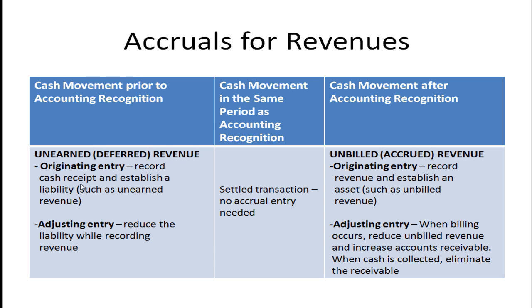So what happens here? We're going to record a cash receipt, and we're going to establish a liability, such as unearned revenue. And this is quite common. We'll take a look at an example in a second. But this is common, for example, in insurance. In insurance, you pay ahead of time, and what happens? The insurance company hasn't earned that premium.